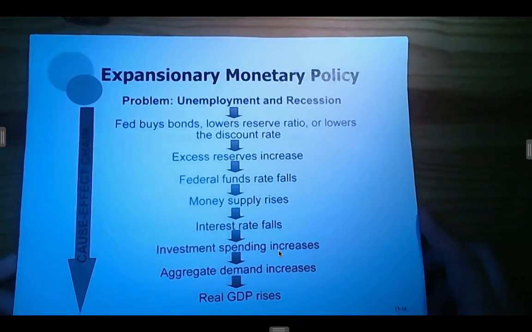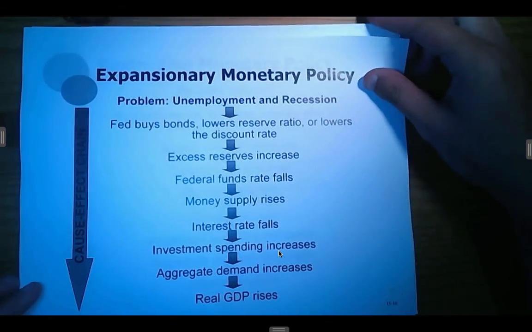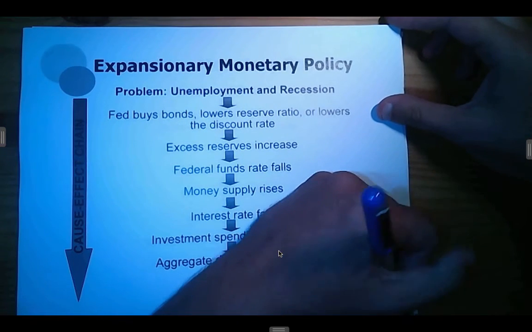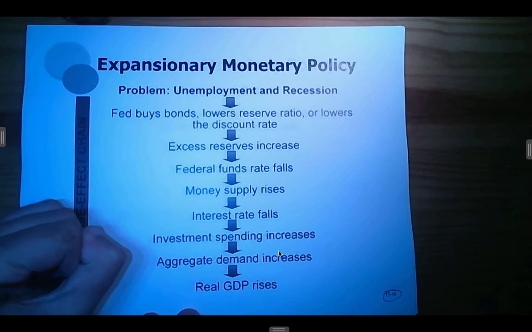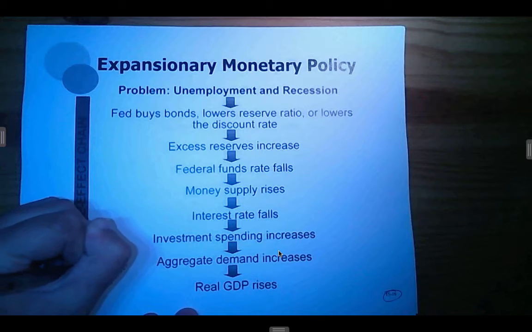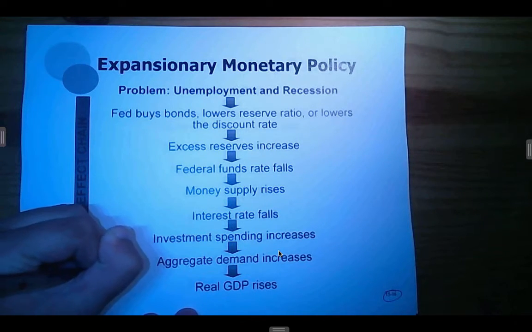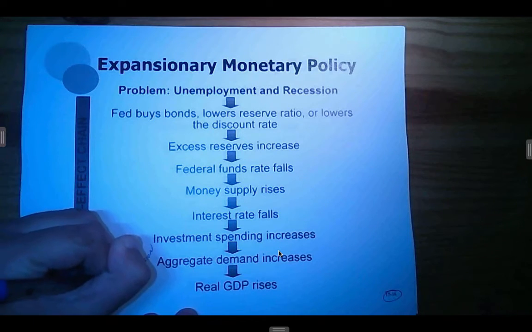So what does that all look like? This is an important slide. This is slide 16. If you're looking this up on the internet, this is called the monetary transmission mechanism.